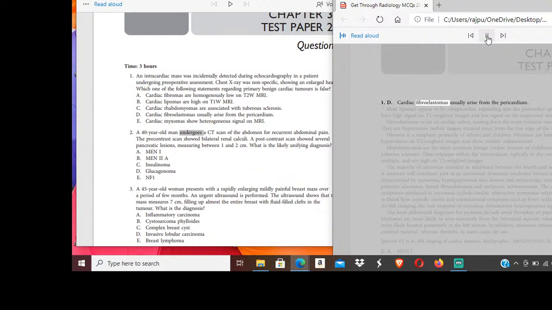1d. Cardiac fibroelastomas usually arise from the pericardium. Most lipomas appear to be subepicardial, expanding into the pericardial space.